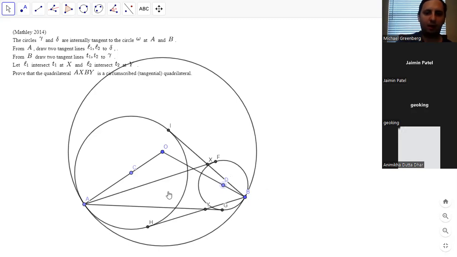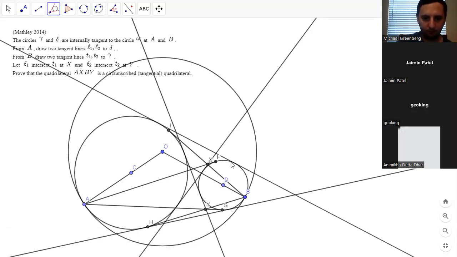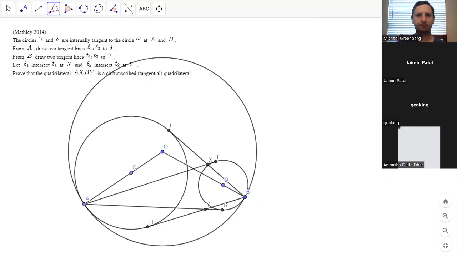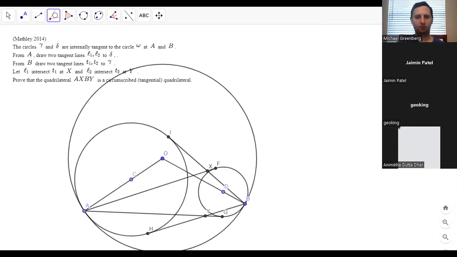I wonder if the common tangent of these circles passes through Y. I don't think so. Yeah. So let me try to draw.